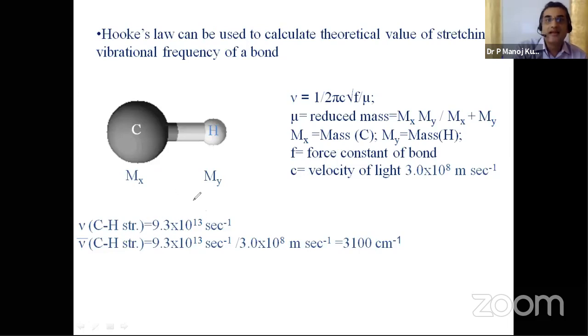Suppose I have a photon of IR radiation over here, and this photon vibrates 9.3 into 10 raised to 13 times per second. I will repeat. If this photon makes up and down vibrations, 9.3 into 10 raised to 13 vibrations per second, then immediately this carbon hydrogen bond will absorb it and be excited from the ground state to the first excited state.